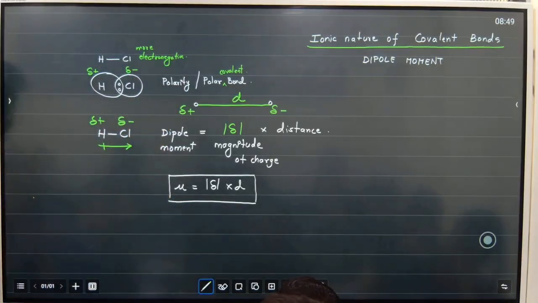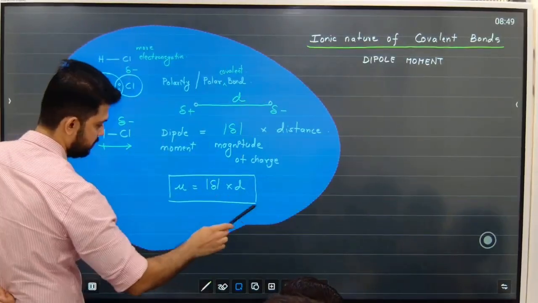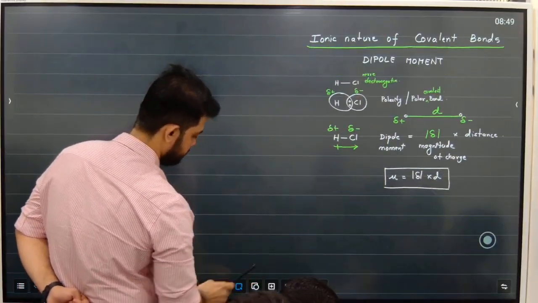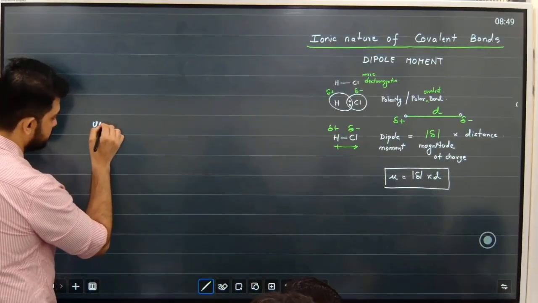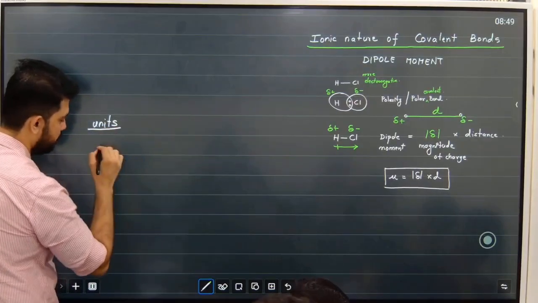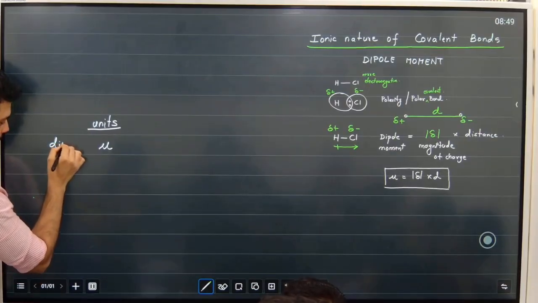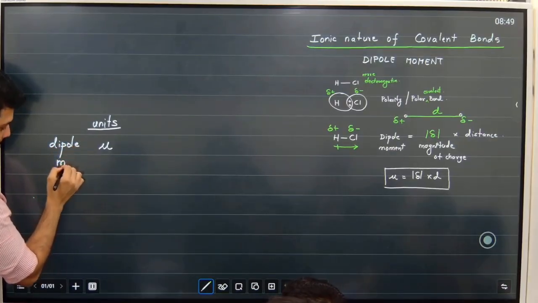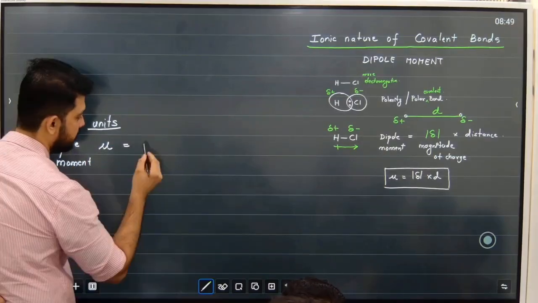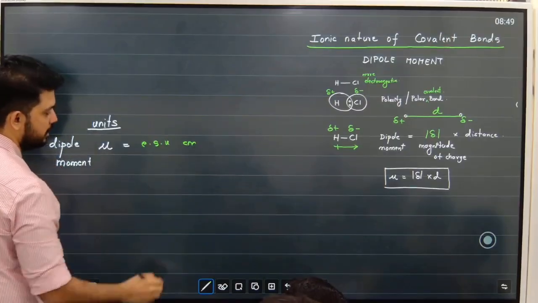With me till here? Now, the unit for measuring dipole moment, there are two units. The first unit is ESU centimeter.